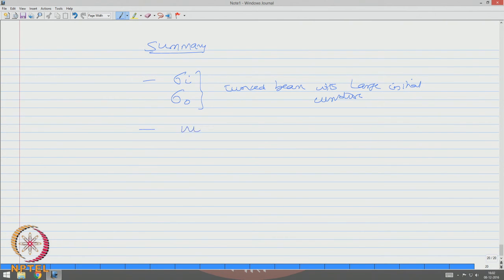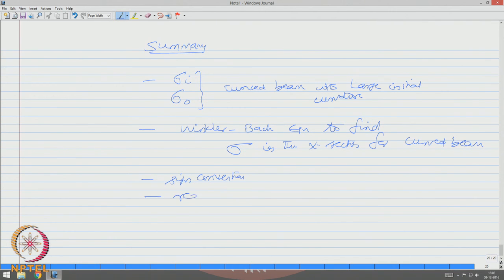We have also derived the famous Winkler-Bach equation to find stresses in the cross section for a curved beam. We have understood the sign convention. We have realized how the neutral axis shifts towards the center of curvature.